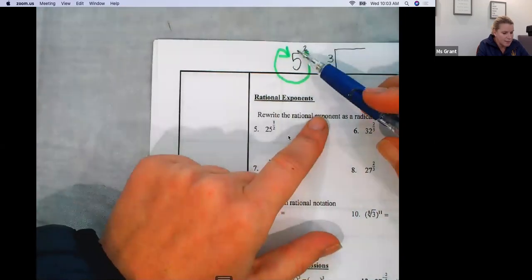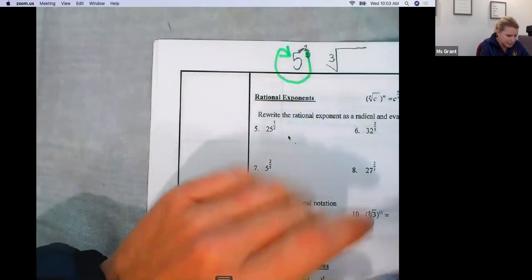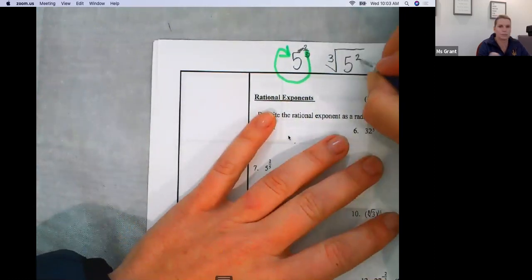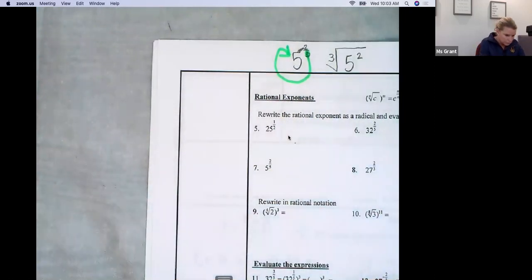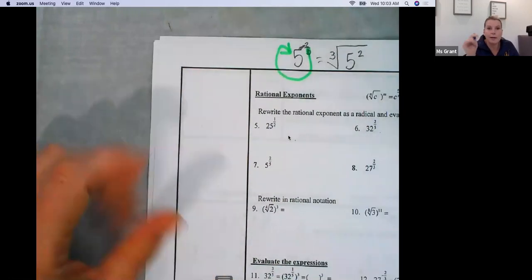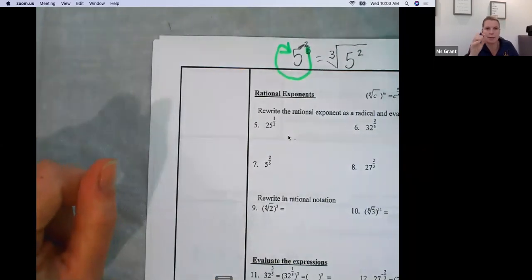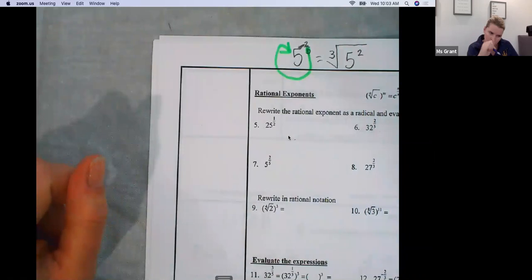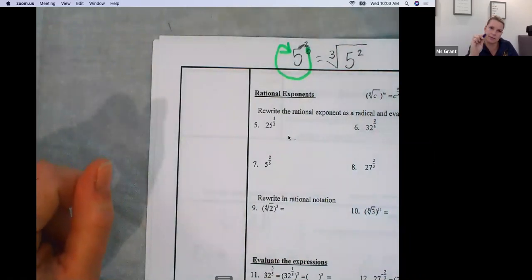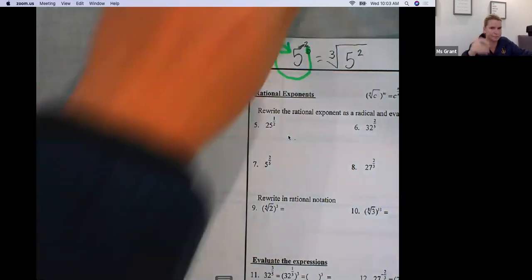The top number sticks with my base. My base is 5, my exponent is now 2. The numerator stays with the base, stays with the big number. The denominator goes down into the root, or maybe you can see this way, whatever's the right way for your screen.